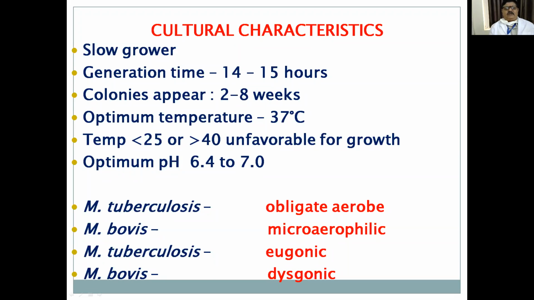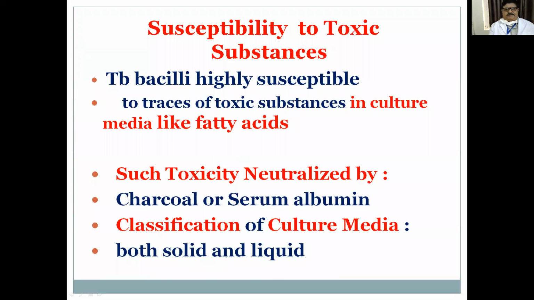Eugonic and dysgonic, we already explained: luxuriant growth in tuberculosis, and sparse growth in bovis. Regarding susceptibility to toxic substances, culture media at times contain fatty acids. The bacilli are highly susceptible, and such susceptibility can be neutralized by charcoal or serum albumin. Coming to the classification of culture media.